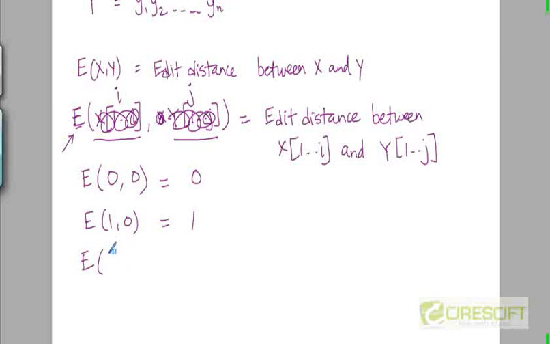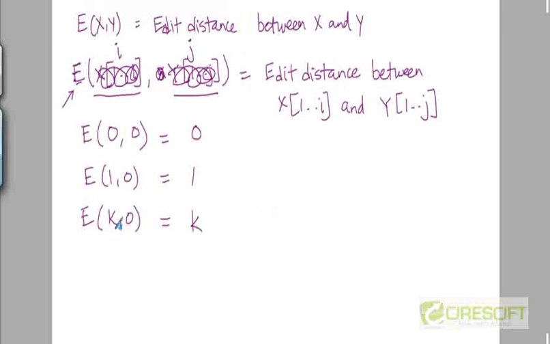In fact, for any E of k comma 0, where k is an integer, the edit distance will be k, because you just need to do k delete operations on these k characters of x to transform it into the empty string. And likewise, E of 0 comma k for any k is also equal to k, because in order to transform the empty string into k characters of y, you need to do k insert operations.